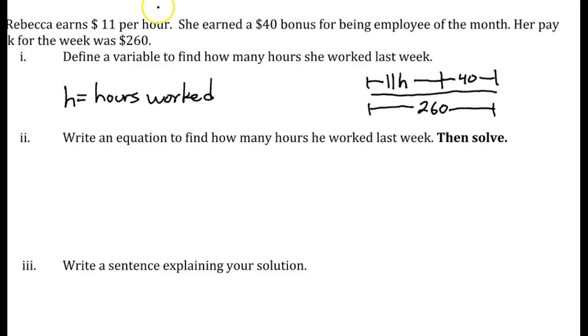My equation, remember these two will add up to the whole thing. So this piece is 11H, $11 an hour, plus the $40 bonus should add up to the $260 check. And then we can solve this.